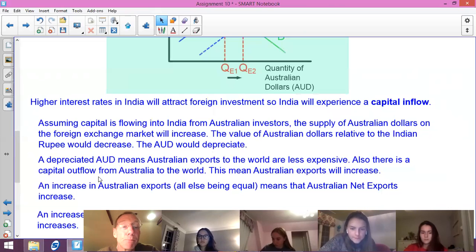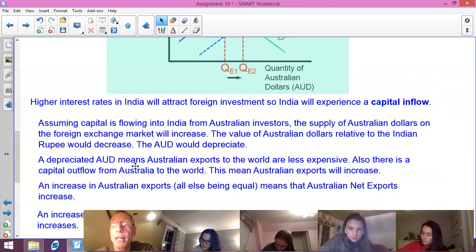A depreciated Australian dollar means Australian exports to the world are now less expensive. So there's also a capital outflow. If there's a capital inflow from Australia to India, then we can assume there's a capital outflow from Australia to the world.